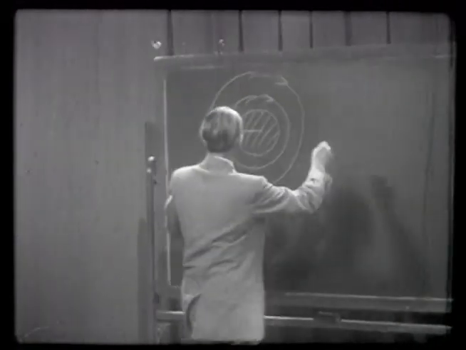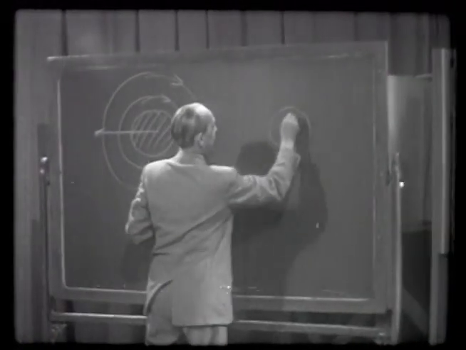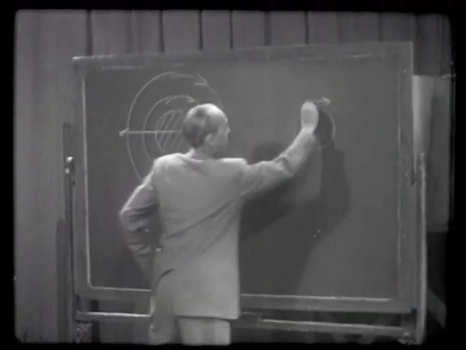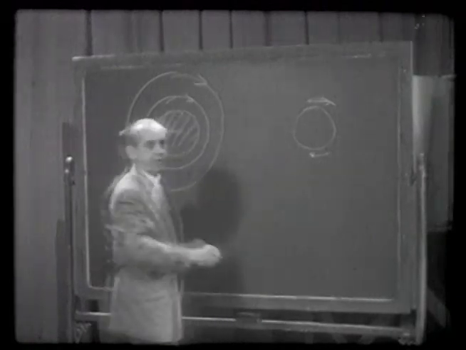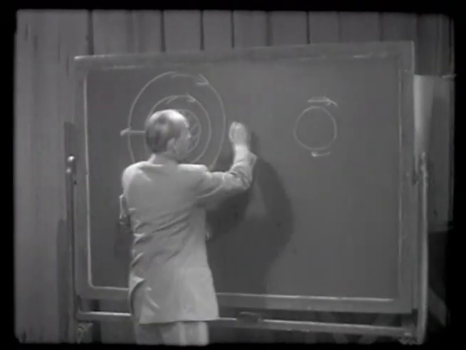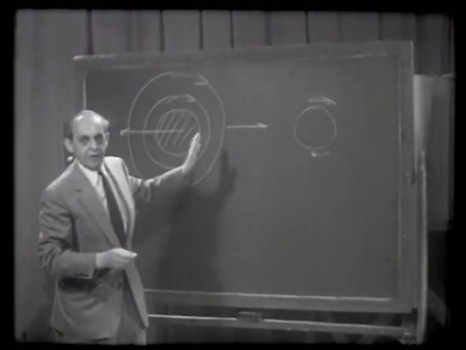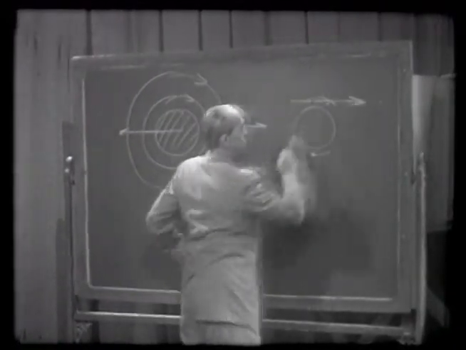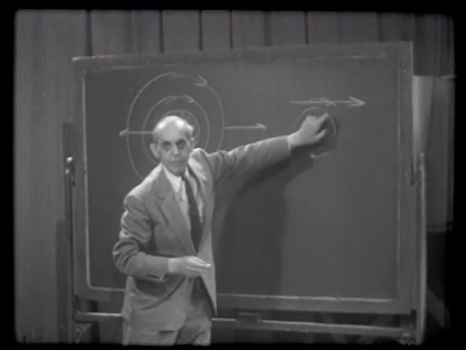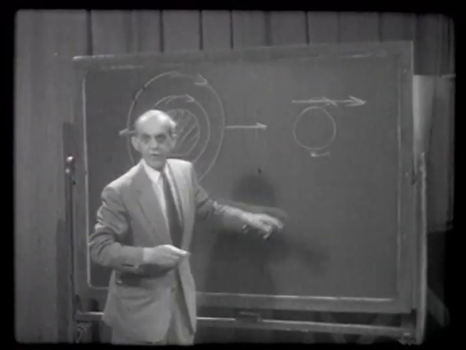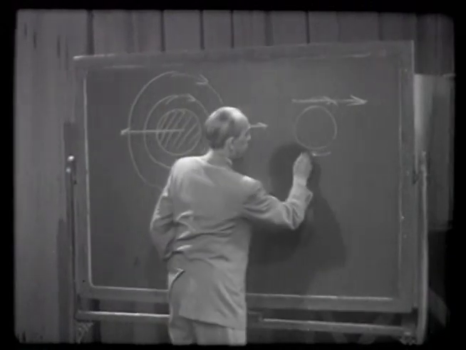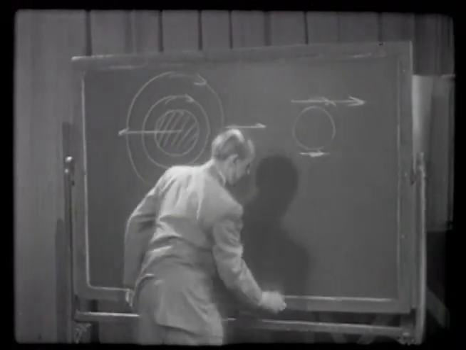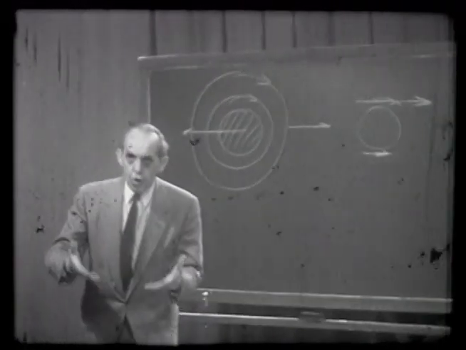And since the cylinder goes above this way due to its rotational motion, and underneath this way, the forward velocity against the cylinder would add to the velocity on the upper surface and diminish it underneath, so that we have a difference in speed above and below.